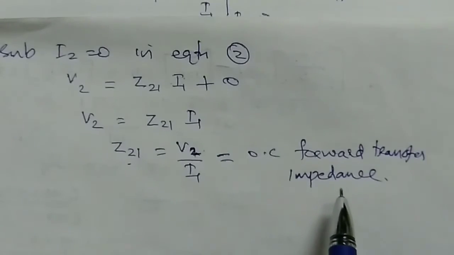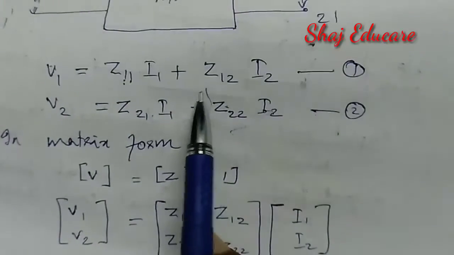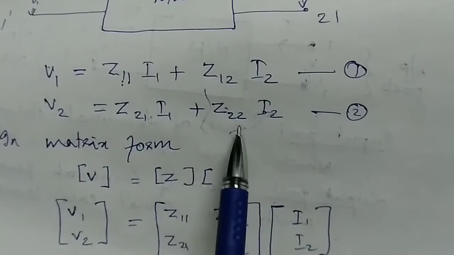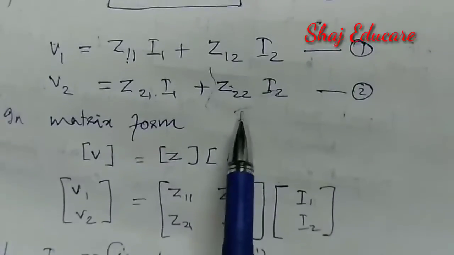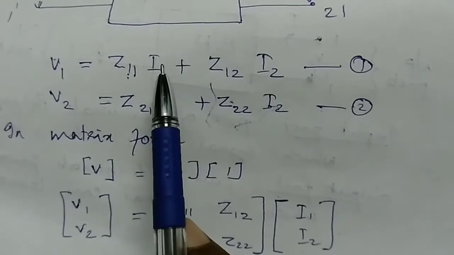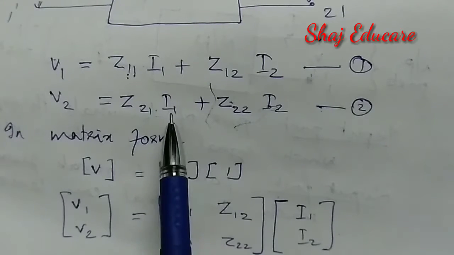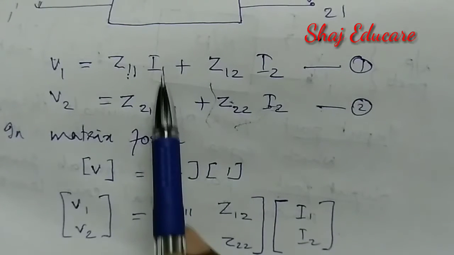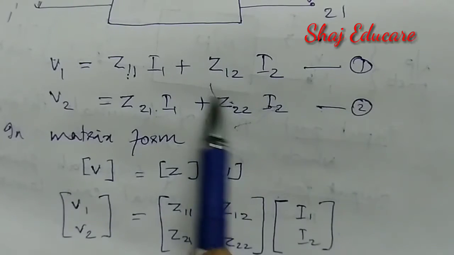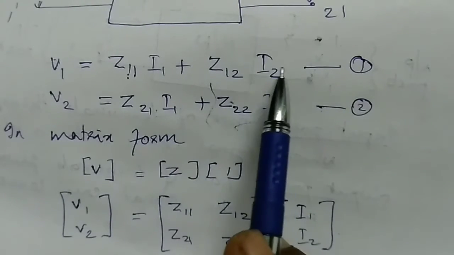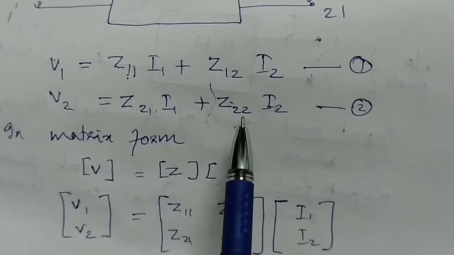Now we have to find two more parameters, Z12 and Z22. For that purpose, we have to make the input current equal to 0. If we set I1 equal to 0 in both equations 1 and 2, we can obtain the expressions for Z12 and Z22.